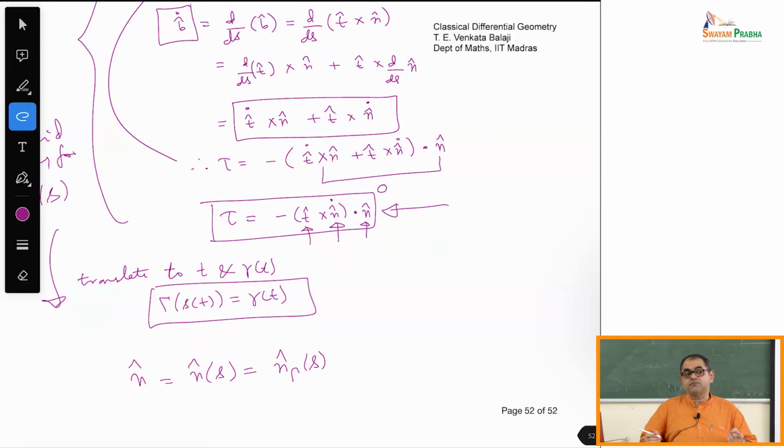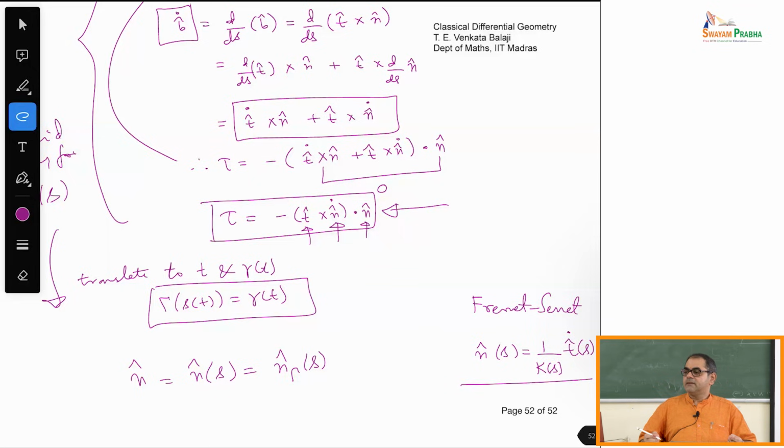The inspiration was from the plane curve case. Note that n hat of S is defined as 1 by k of S into t cap dot of S.